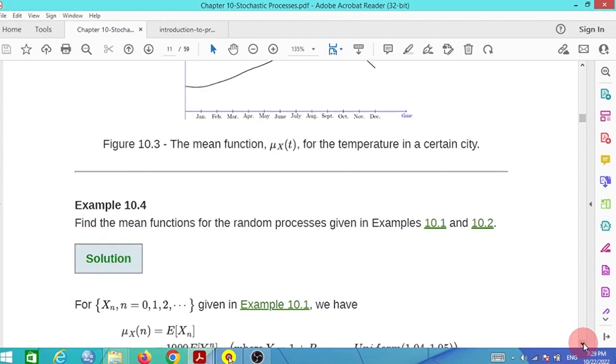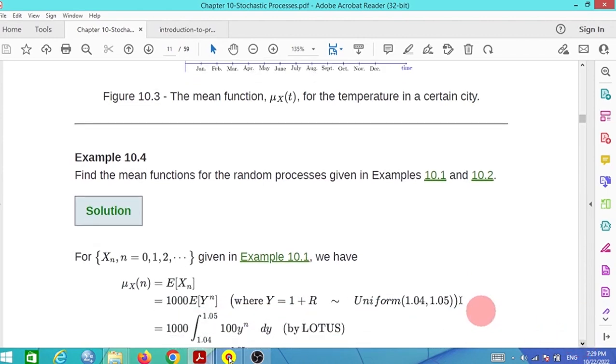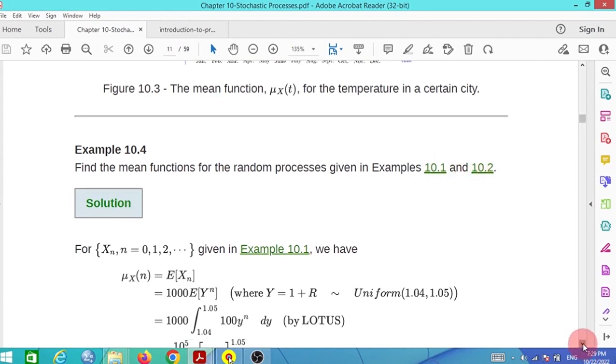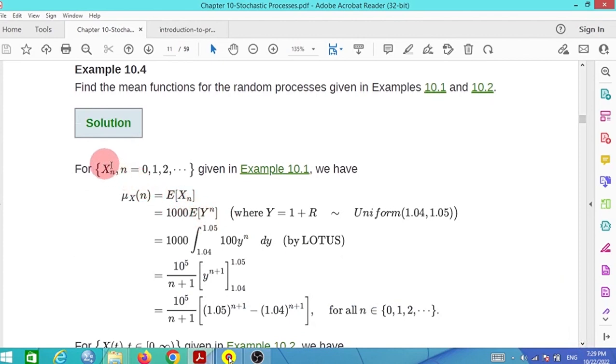So let's see this example. Find the mean function of the random processes given in examples 10.1 and 10.2. In 10.1, X_n for n equals 0, 1, 2.